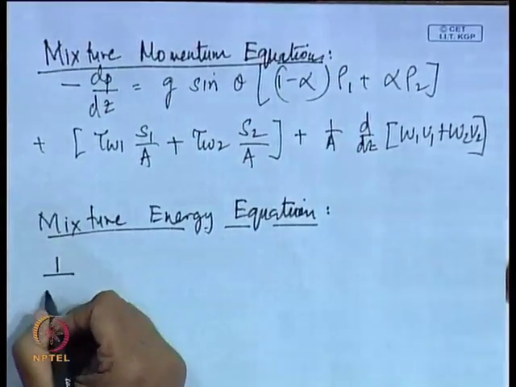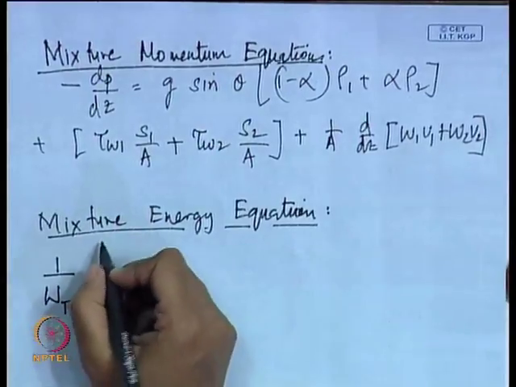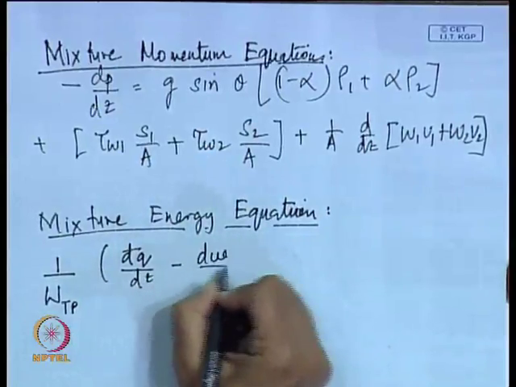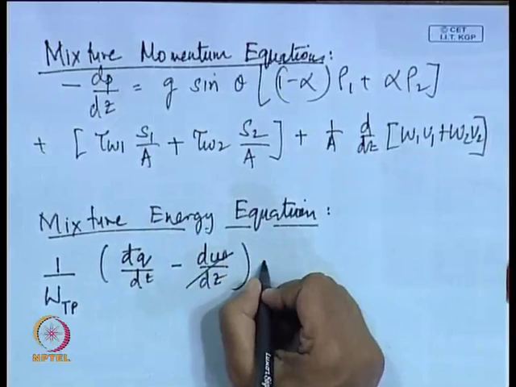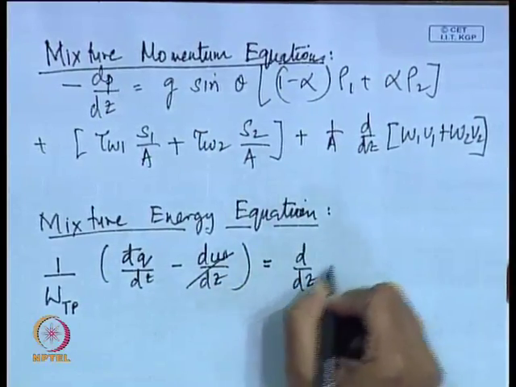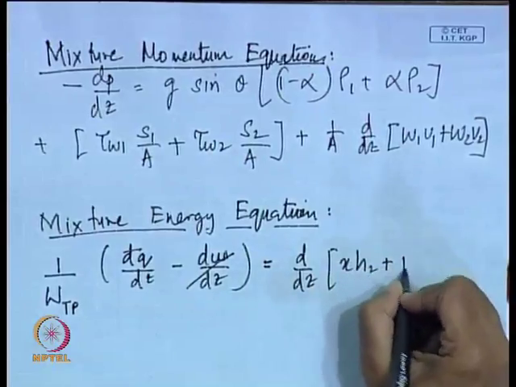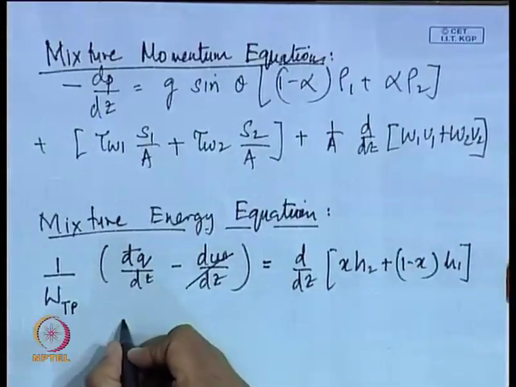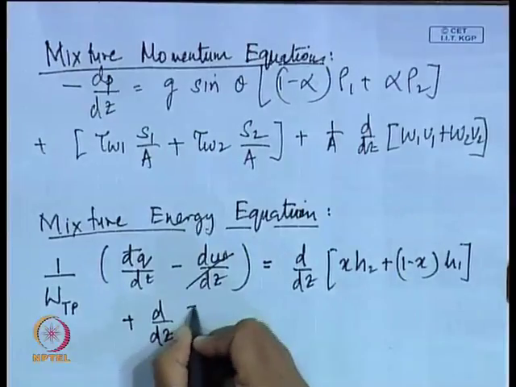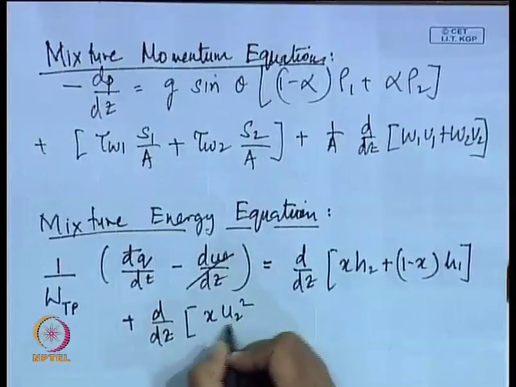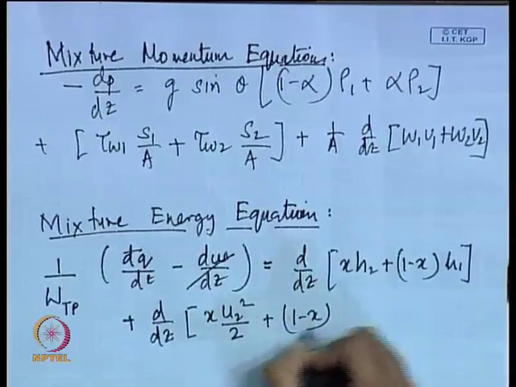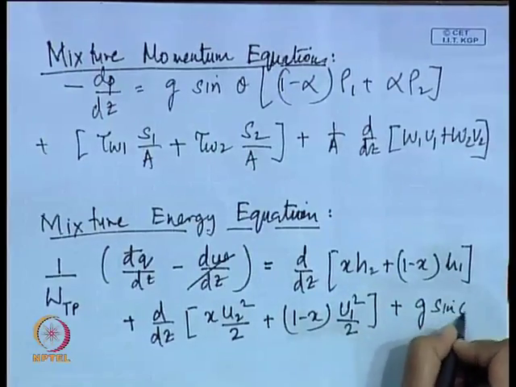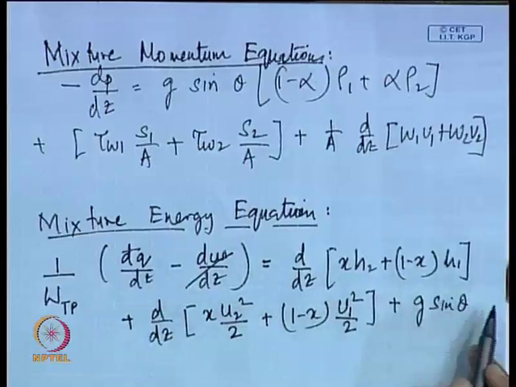For unit mass of the fluid, 1 by W T P, it will be dq, the heat flux, dz, minus dw, the work done, which is usually equal to 0, and this is equal to d/dz of x h 2 plus 1 minus x h 1, or in other words the two phase enthalpy plus the two phase kinetic energy for unit mass of the mixture, u 1 square by 2 plus g sin theta. So, this gives us the mixture energy equation.